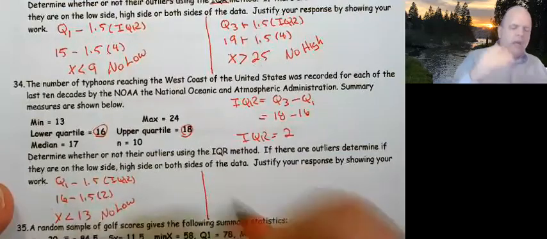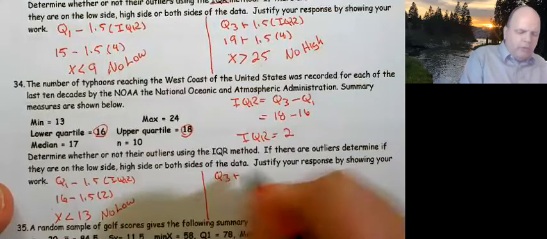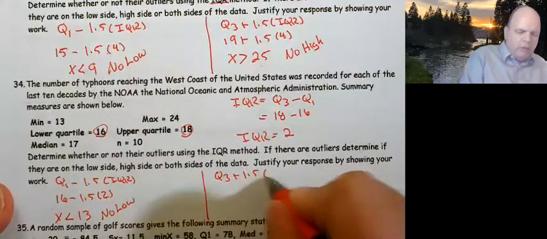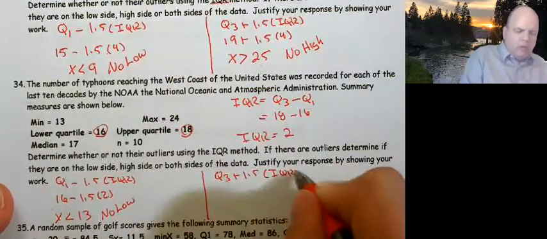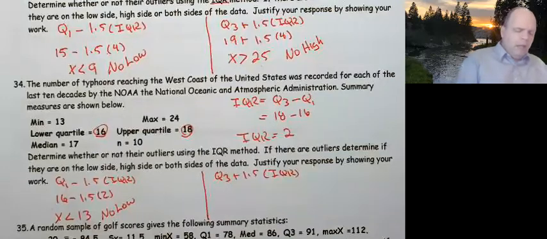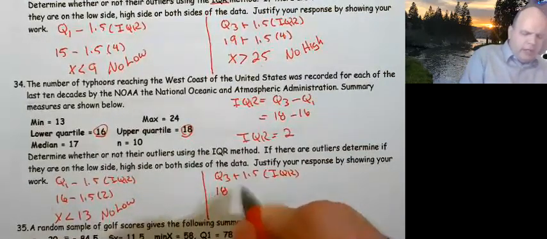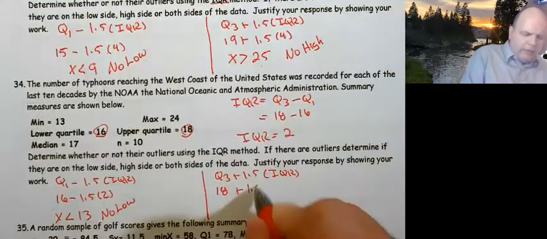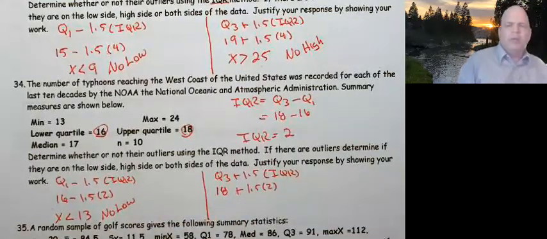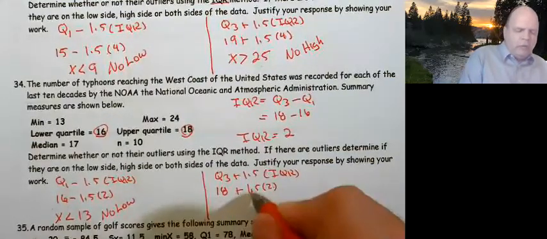So now we need to do the high side outlier, which is going to be Q3 plus 1.5 IQR. So here we have 18 plus 1.5 times 2. 1.5 times 2 is 3. 18 plus 3 is 21.